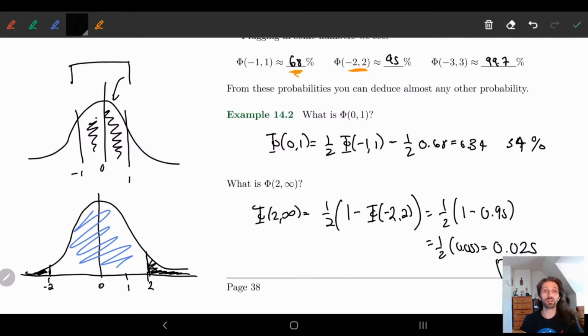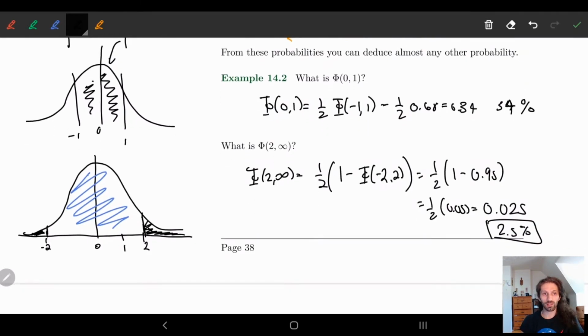So a lot of this is really just trying to figure out what's the best way. Another way to do this is to just look it up in the book, right? Since I have 2 to infinity here, I have phi of 2, infinity, which is just equal to phi of minus 2. This is just 1 minus phi of 2.